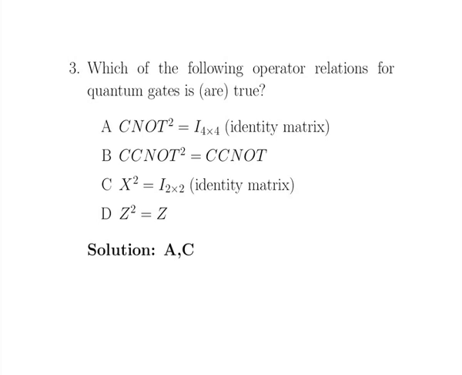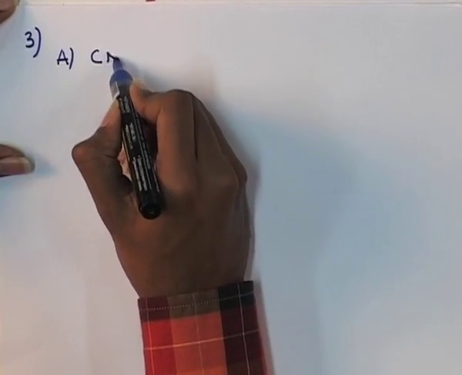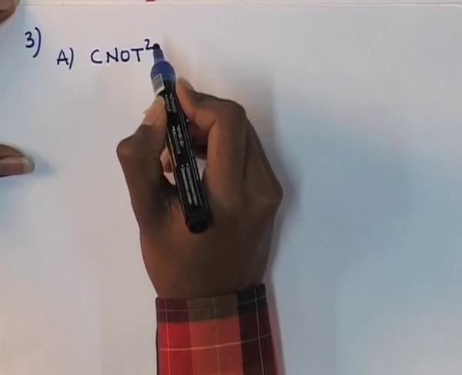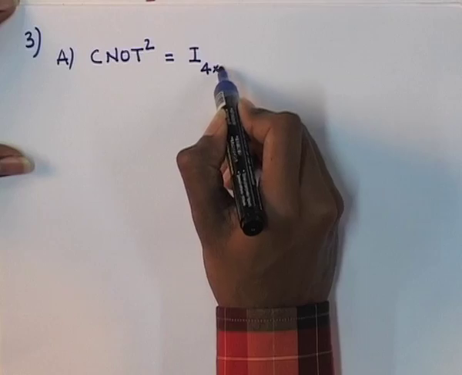And now we look at question 3. Question 3 asks to find which of the following operator relations for the quantum gates are true, and we go option wise. Option A says that square of C naught gate is identity matrix of size 4 cross 4.